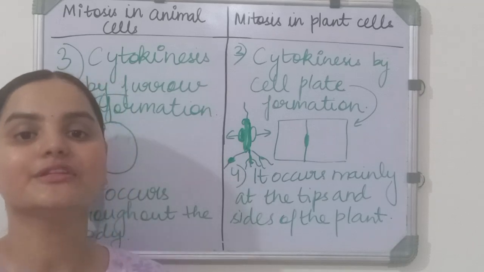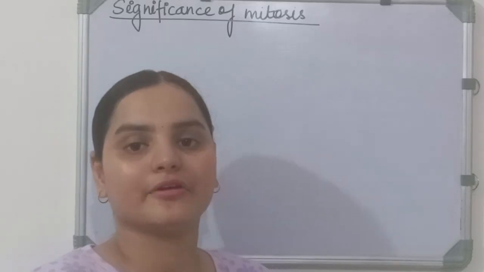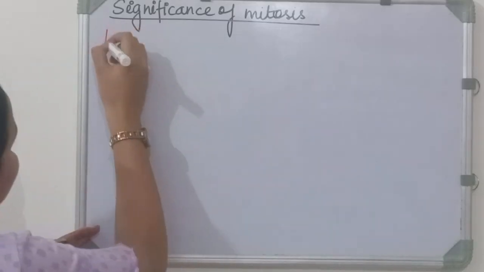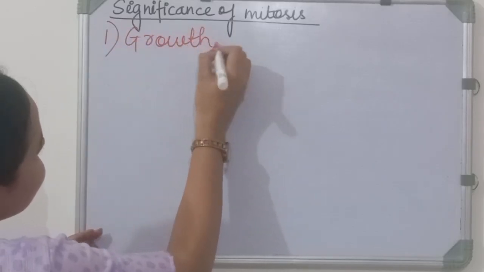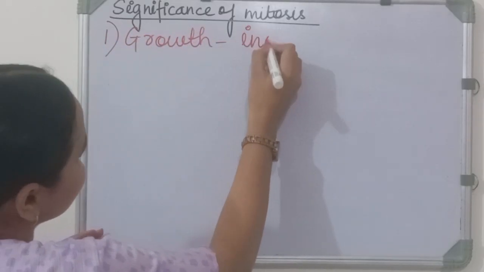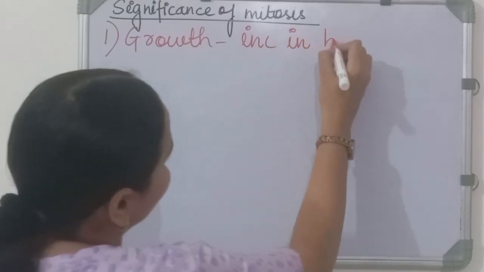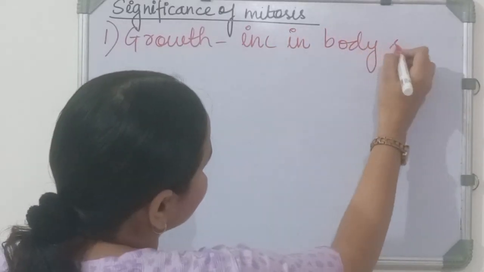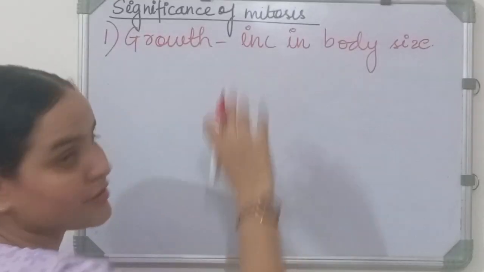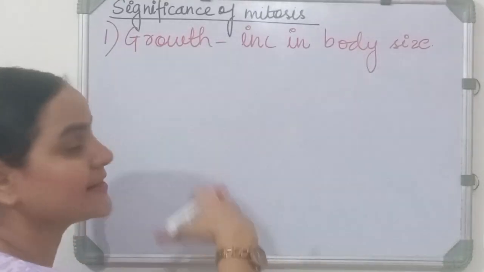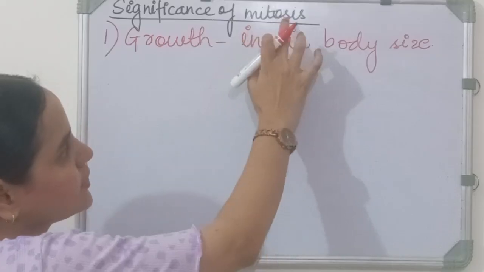Now let's move to the next topic, significance of mitosis. First significance is growth. What is growth? Growth is increase in body size. The body size is increasing because of increase in cells, and that increase in cells is occurring due to mitosis.